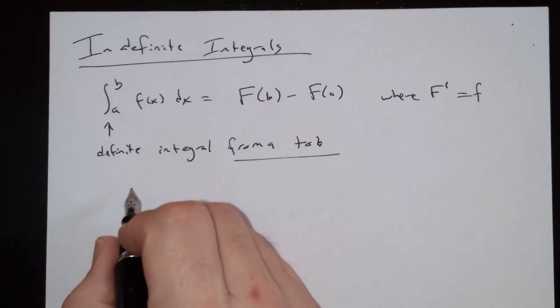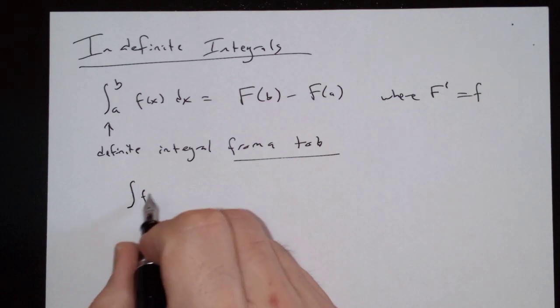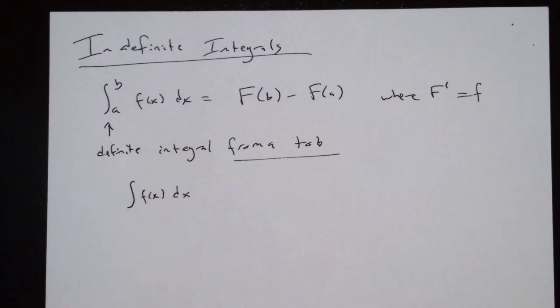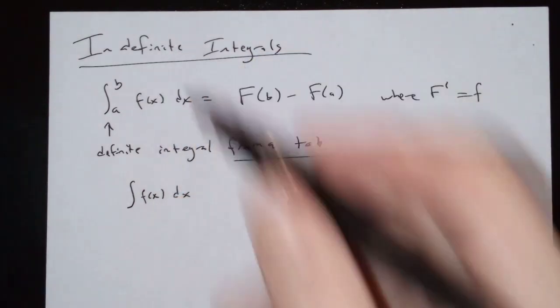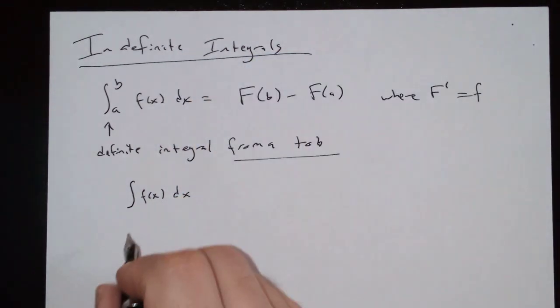So I'm going to get rid of those two limits. If I write the same symbol, just without the A and the B, I'm going to call this an indefinite integral.